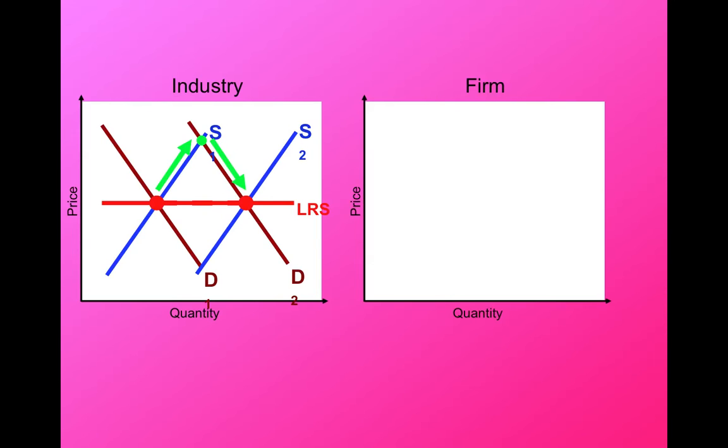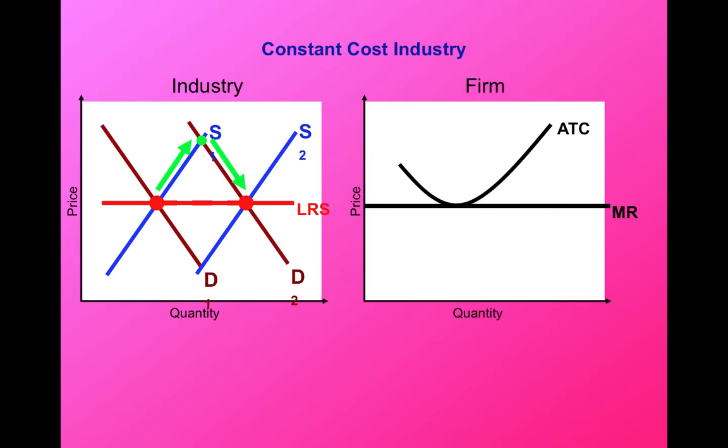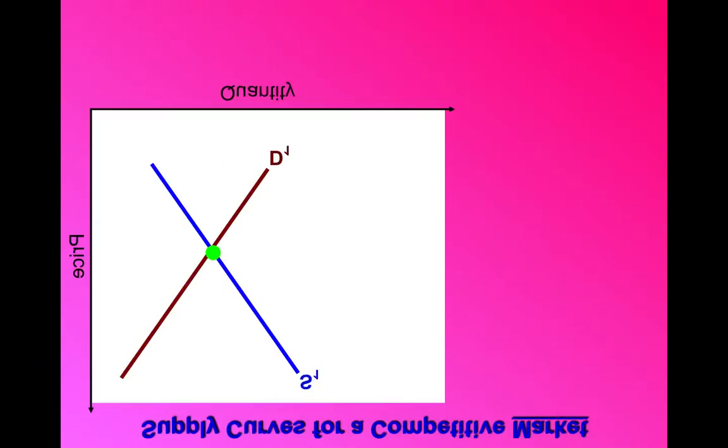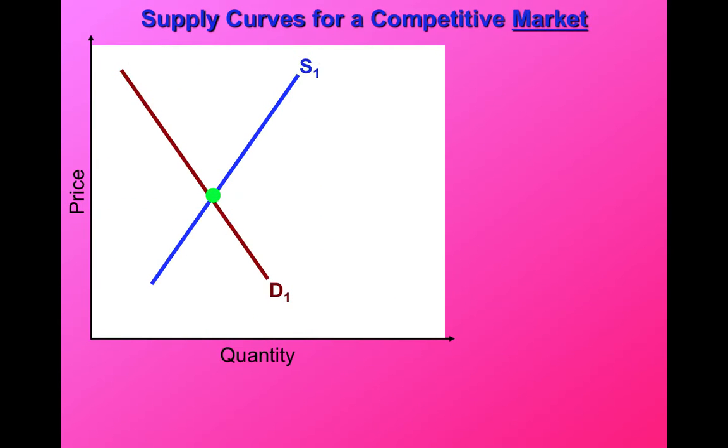On the left, that's for the market, and on the right, we've got the firm. And so bear in mind that the marginal revenue curve, or the demand curve for the firm, was being taken from the market. It was in long-run equilibrium, and that means that marginal revenue curve was tangent to the bottom of the average total cost curve. All right, so that was simple enough.